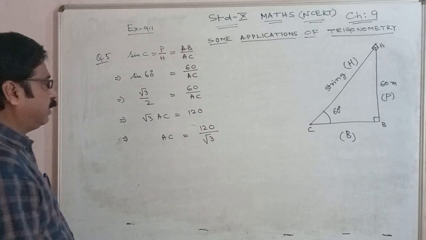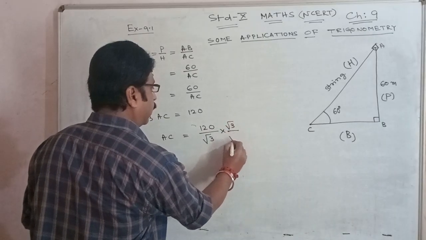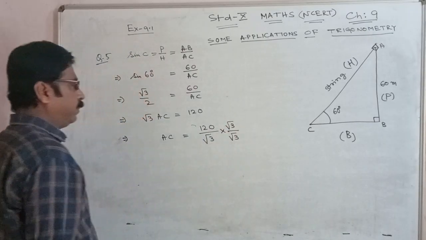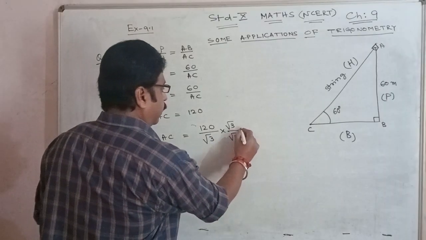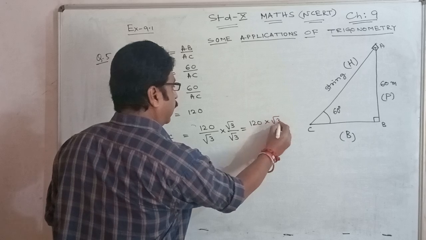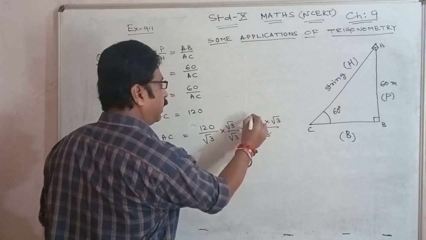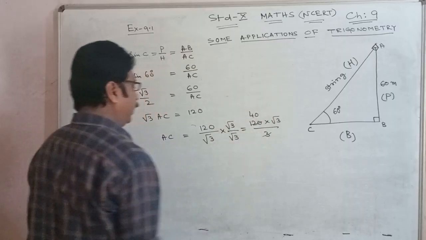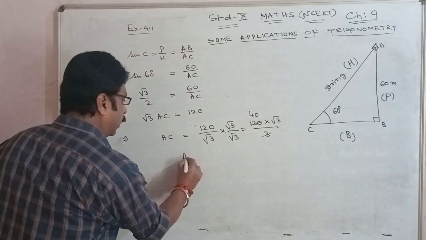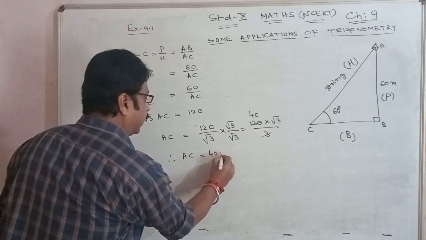Now we can rationalize. 120 into root 3 upon root 3 into root 3 is 3. We can cancel like this. 40 root 3. That means we got AC equals to 40 root 3.